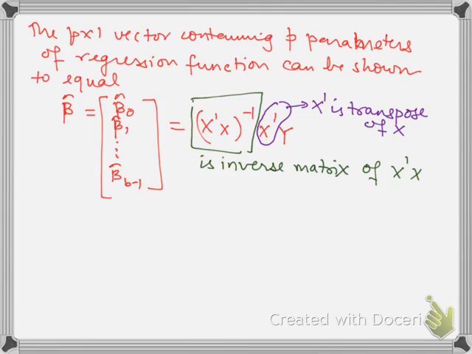So if you have never studied matrix algebra, or if you have totally wiped it off from the files in your brain, let's go off and review inverses and transpose. So what is the transpose of a matrix?